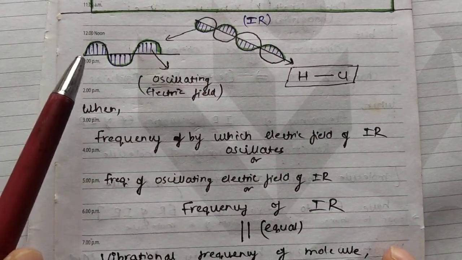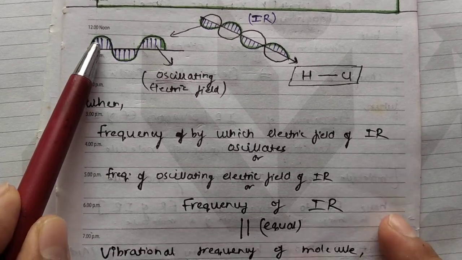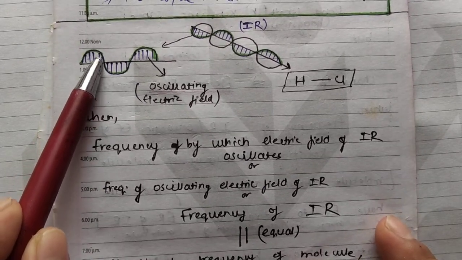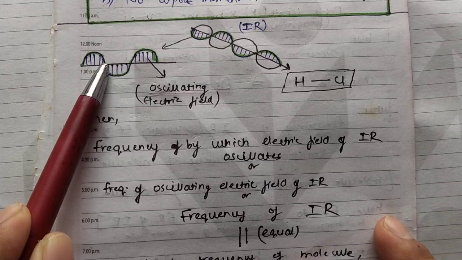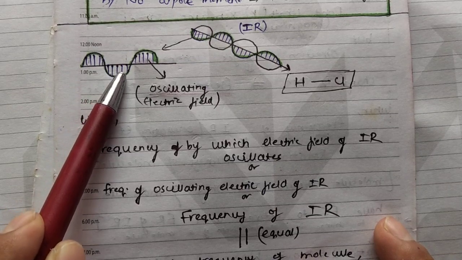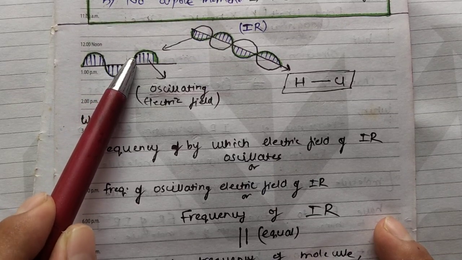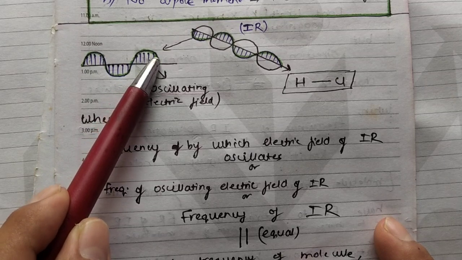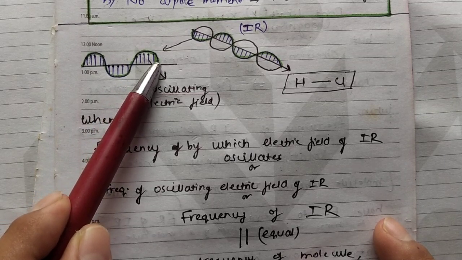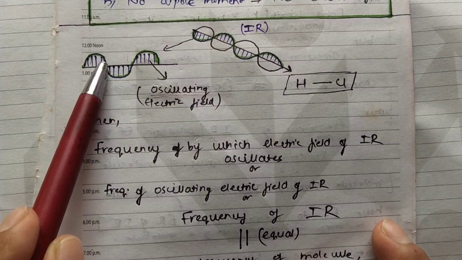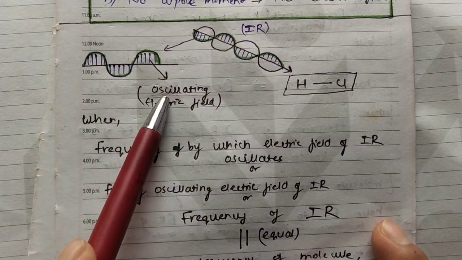See, first the electric field keeps on increasing, then continuously decreases and comes to zero. Again it increases, then decreases and comes to zero. Again it increases, decreases, then comes to zero. So what we can say is, with the wave the electric field is continuously oscillating.